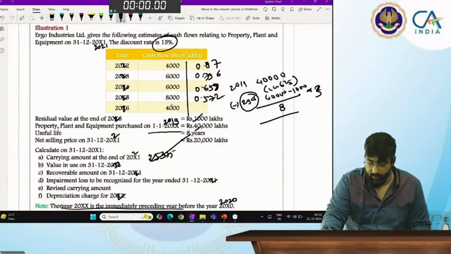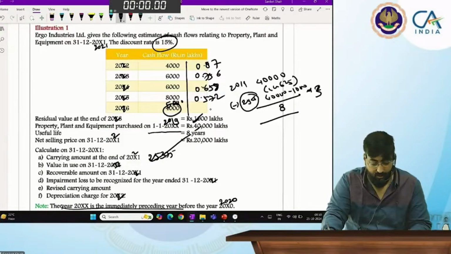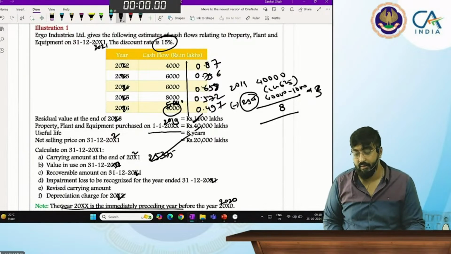No, here you will take 5,000. Residual value add करोगे and your factor is 0.497. 7 है ना, 8 कहां से आया? 7, but you will multiply by 5,000.